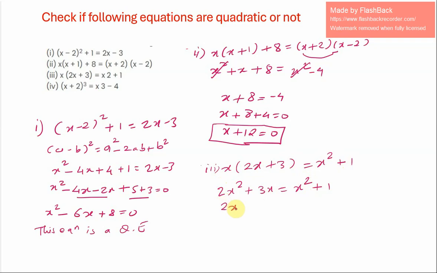Taking terms on the LHS, 2x square minus x square plus 3x minus 1 equals 0, which equals x square plus 3x minus 1 equals 0, and this is of the type ax square plus bx plus c equals 0. So it is a quadratic equation.